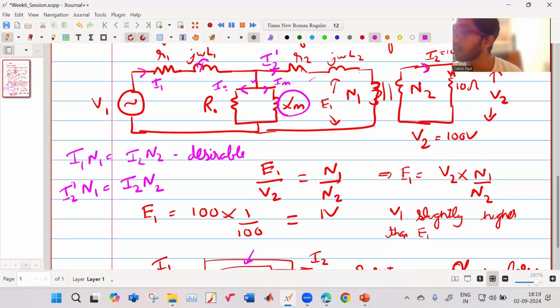And so if my I0 and Im is as small as possible, then my I1 will approximately be equal to I2 prime. And if that is possible, then my current transformer is as close to the ideal condition as possible. But that is very rare to happen.